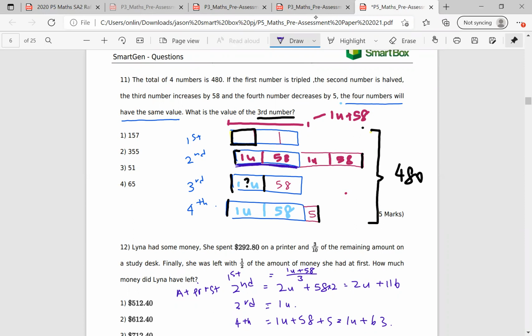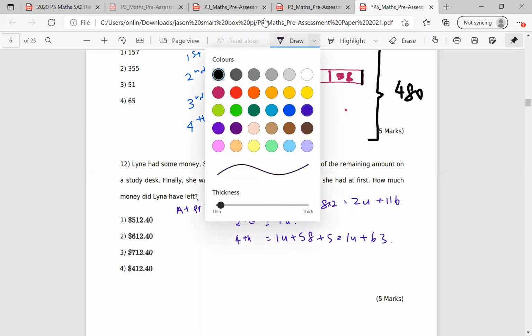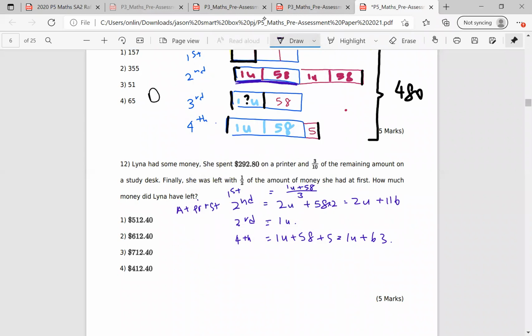If we use what we found here, then we can solve for what is equal to 480. I think we do not have enough space, so I'm going to scroll down and write, using the space for question 12. For those who might get confused, this is still question 11. This is also the question 11 answer, because the question is very long.